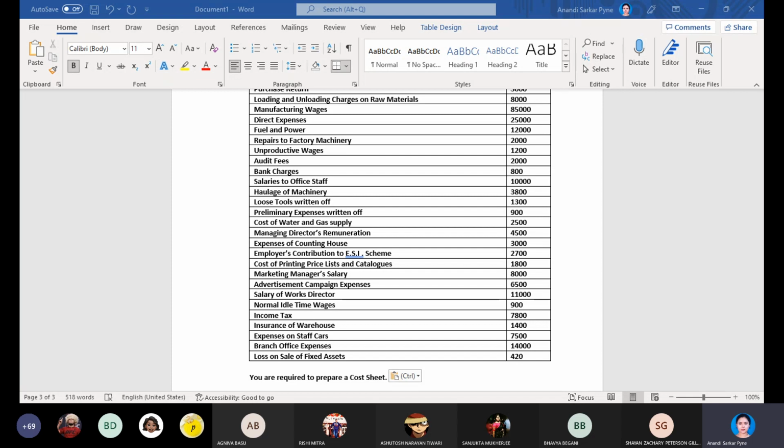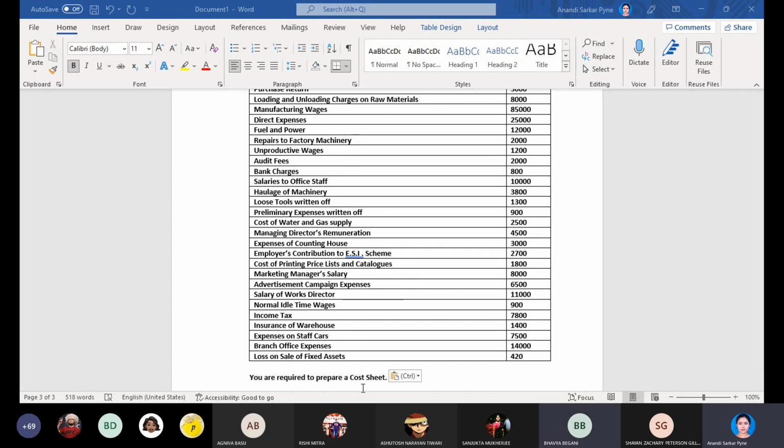Now your goods are in the hands of another branch, maybe in another location. So you're distributing it. This is a distribution cost. And loss on sale of fixed assets. Loss on sale of fixed asset is again a financial cost which doesn't come in cost sheet. So this will come in the notes section.